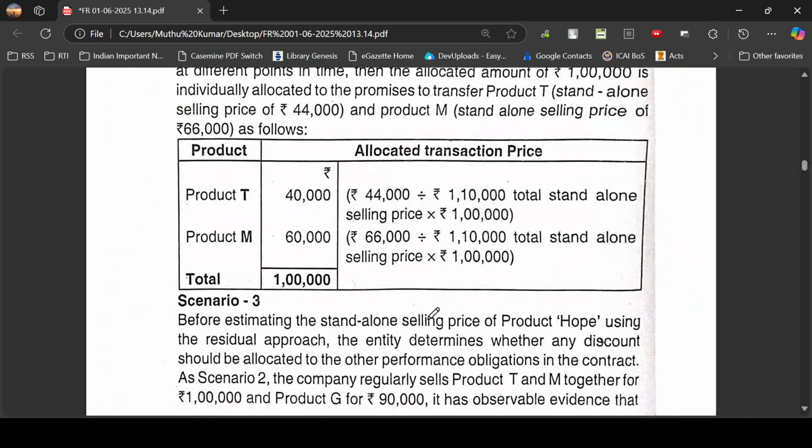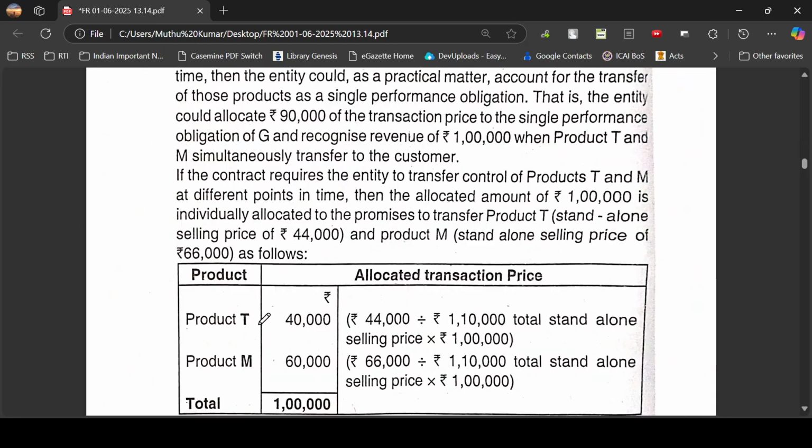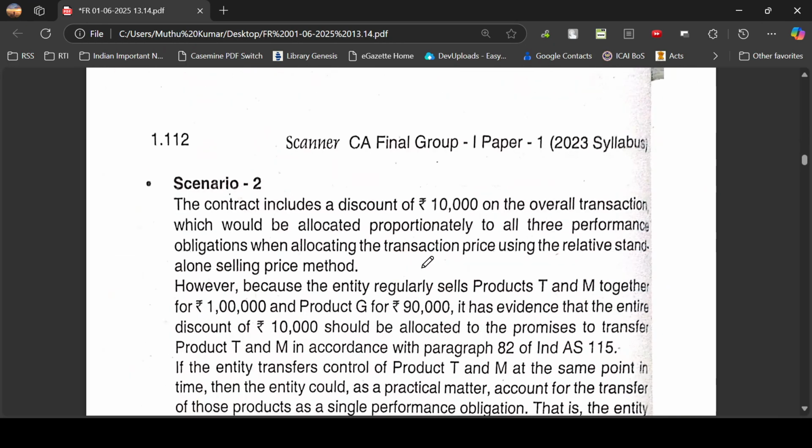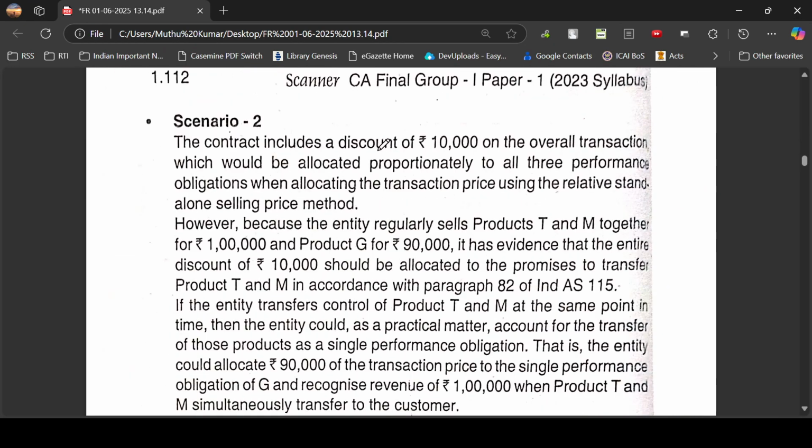Now the scenario is totally different. Here, product T and M alone sell for 1 lakh. The contract includes a discount of 10,000, that is 1 lakh 90,000 minus 2 lakhs. The overall transaction price would be allocated proportionally to all three performance obligations using the relative standalone selling price.